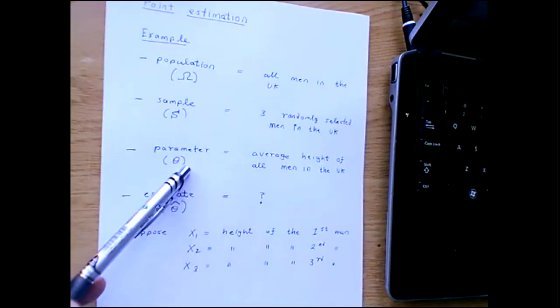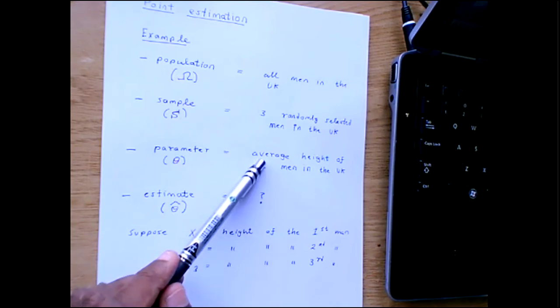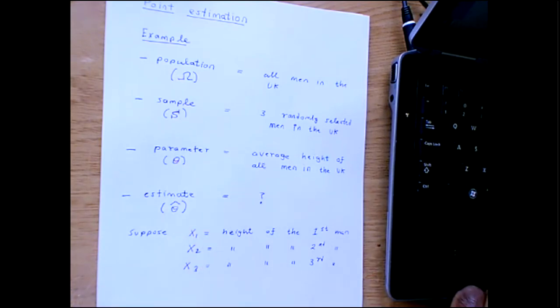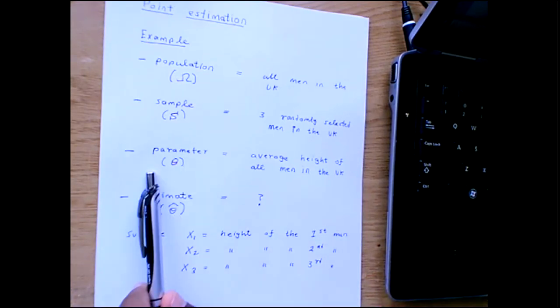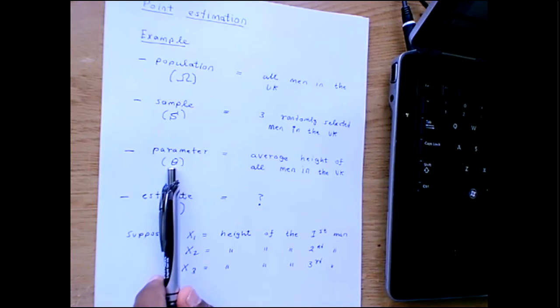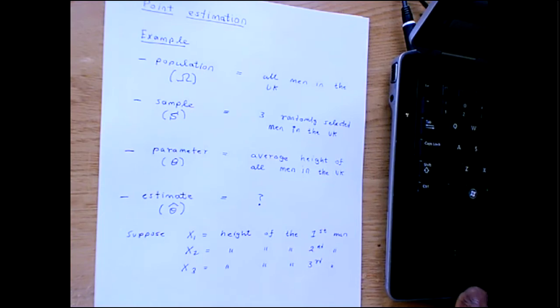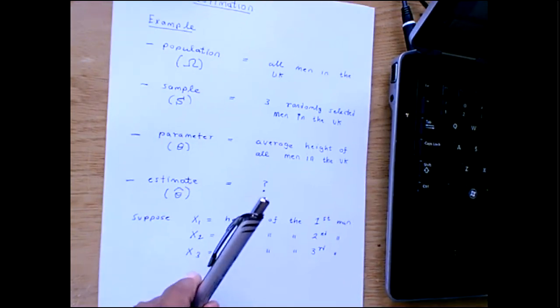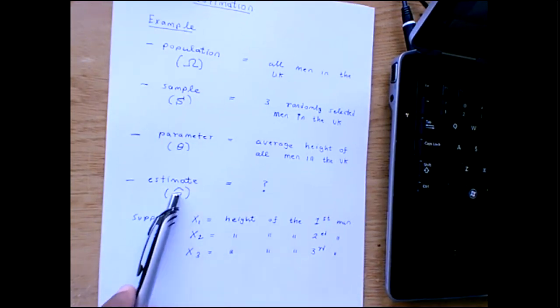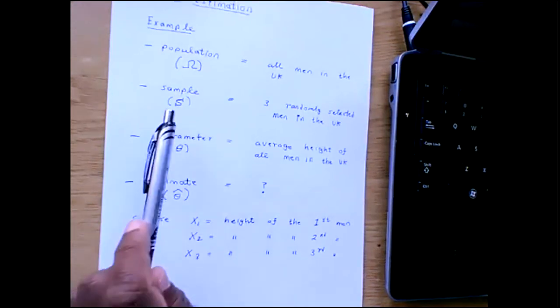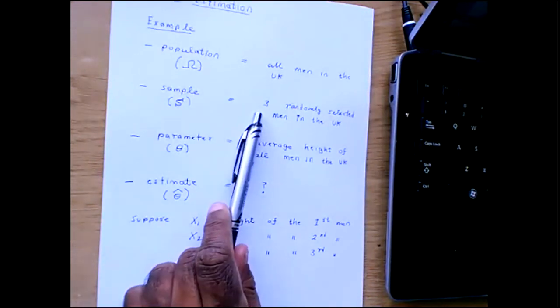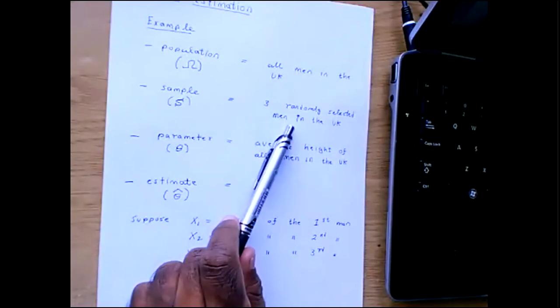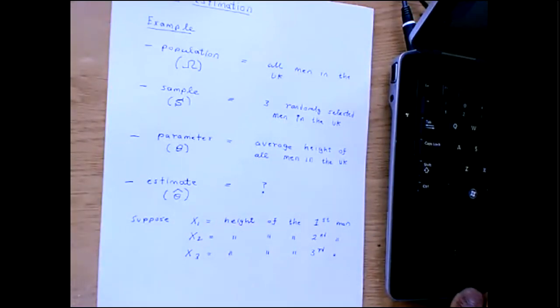The parameter that we're interested in is the average height of all men in the UK. Once again, we cannot compute the true value of this parameter, because it's impossible to access the population. So what we need to do is get an estimate based on the sample, which consists of 3 men selected randomly from the population.